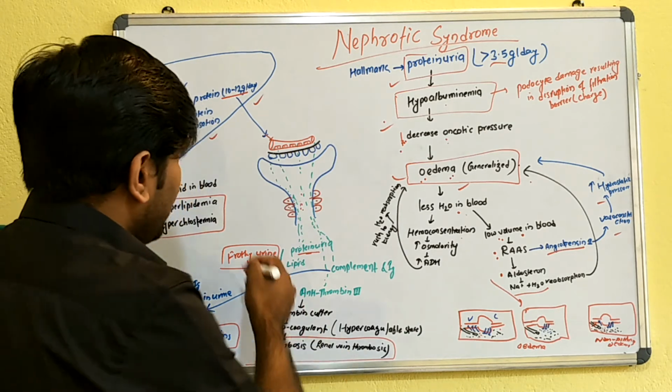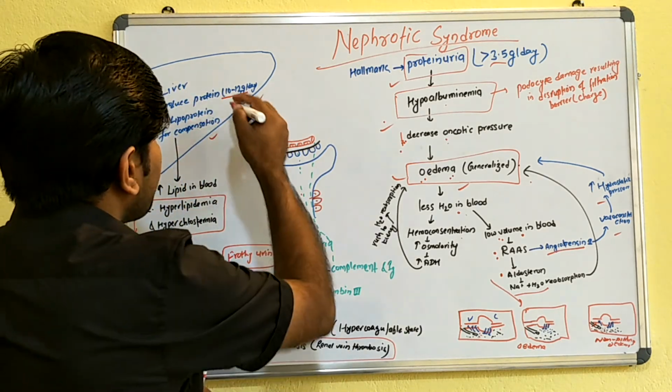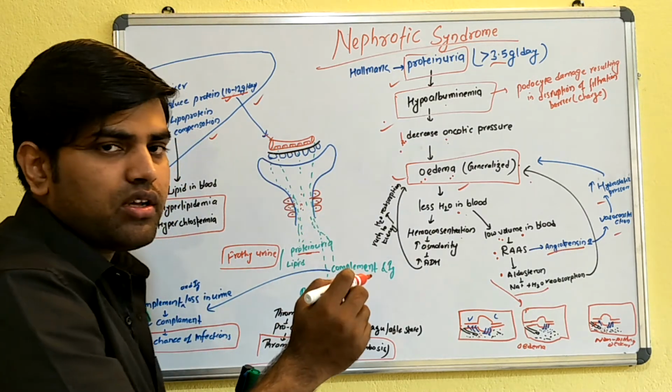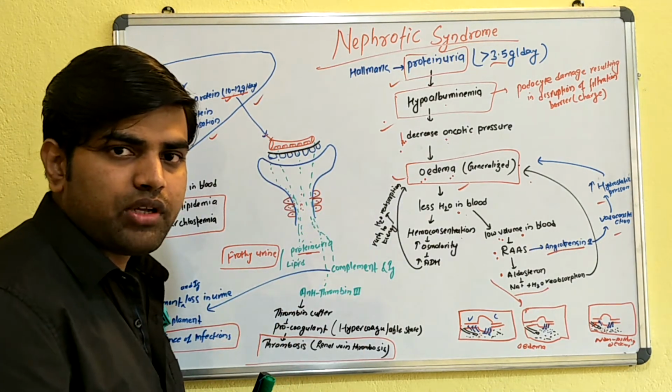Because of that, even though there is a compensation of 10 to 12 gram per day, all the protein has been damaged and some is lost in the urine. So there is hypoalbuminemia in the blood.